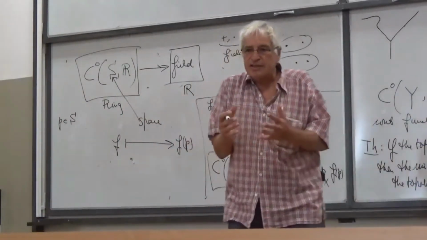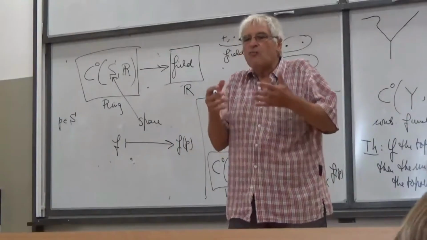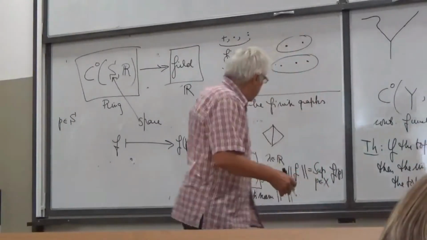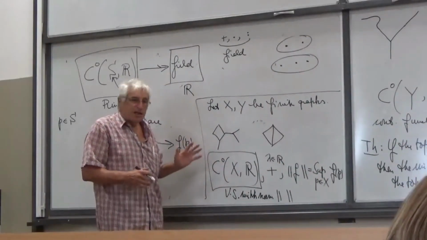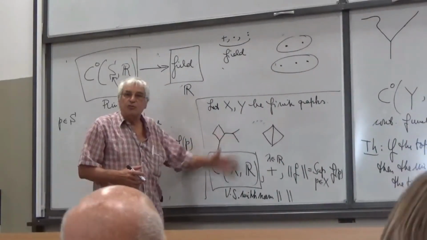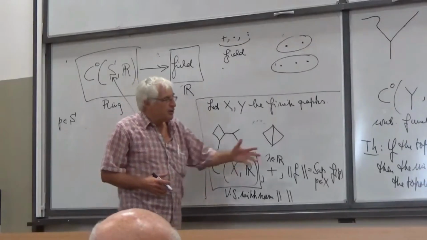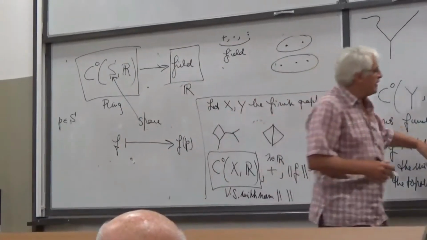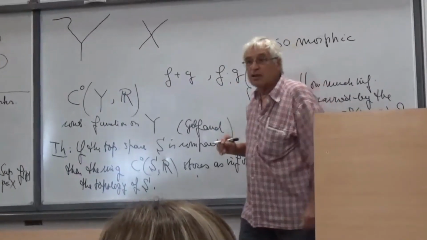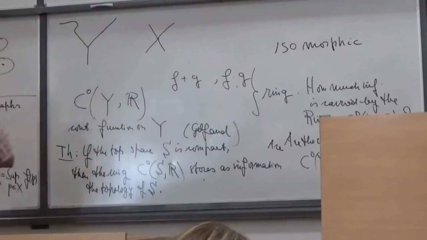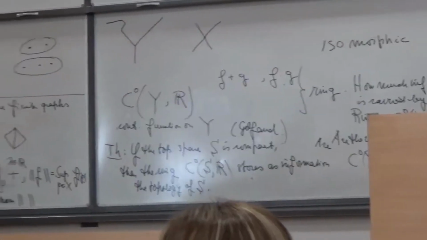The question is, how much information is stored inside this? Can you reconstruct the topology? Here we are thinking more algebraically. We stress the two operations, addition and multiplication. Here we are thinking more in terms of functional analysis.